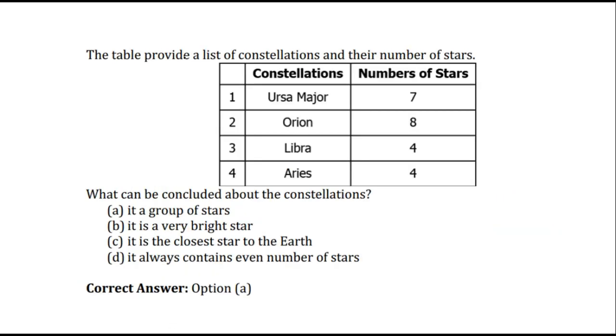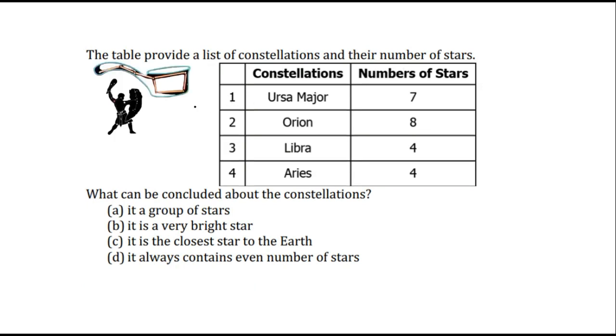Next, a table provides a list of constellations and their numbers of stars. Okay, Ursa Major. Just now we have seen what Ursa Major is. This is the Ursa Major or Big Dipper, also called Saptarishi Mandala. And this, as we saw in the previous question, is Orion. And what do you mean by Libra?